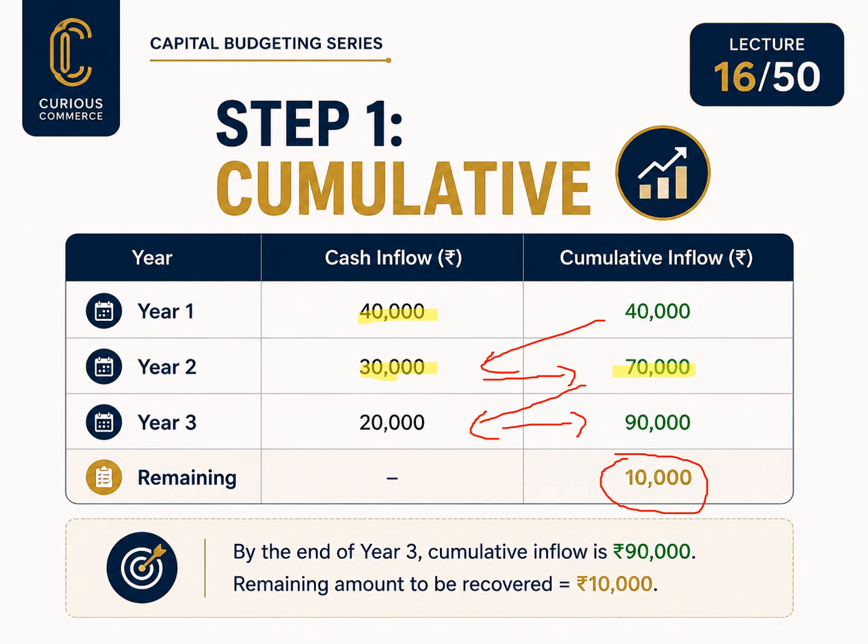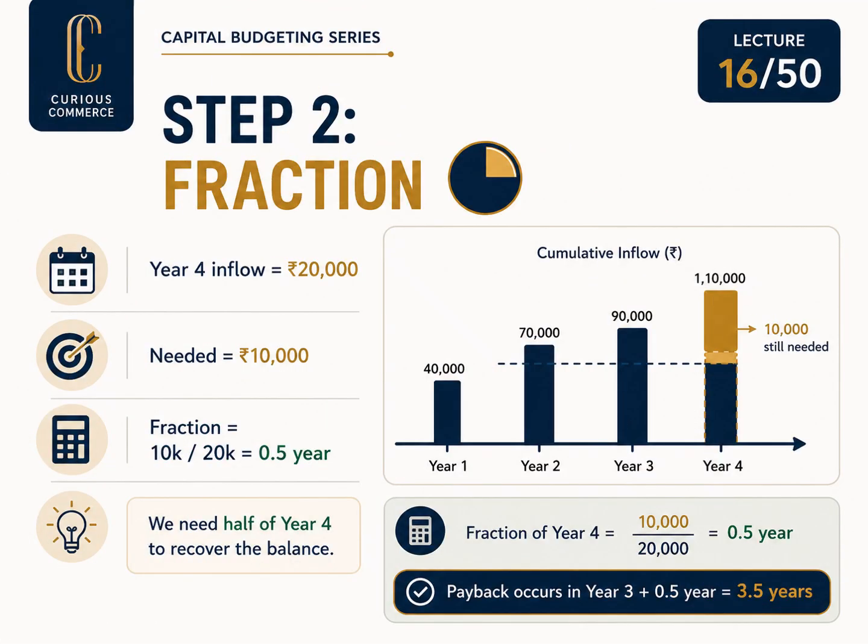So, recovery will happen somewhere during fourth year. Is it right? Now, we calculate the fraction of the year required. Remaining amount is 10,000 rupees. Fourth year cash inflow is 20,000 rupees. Now use the formula.